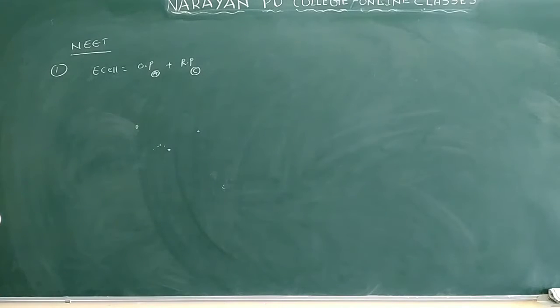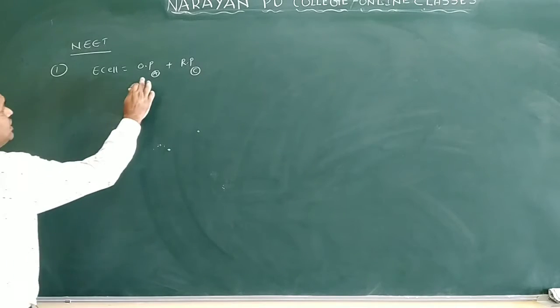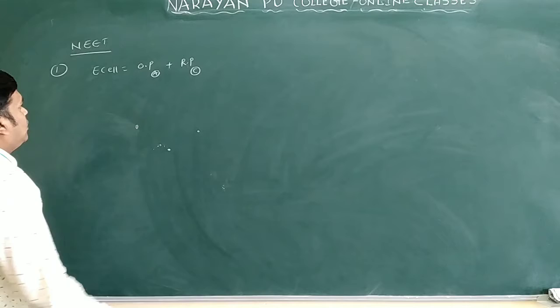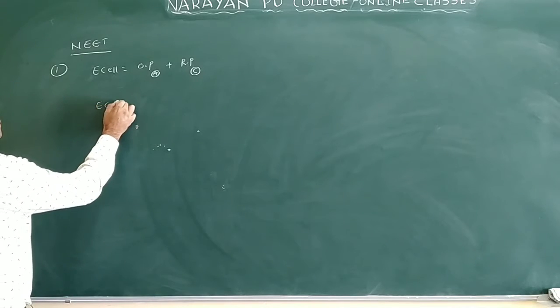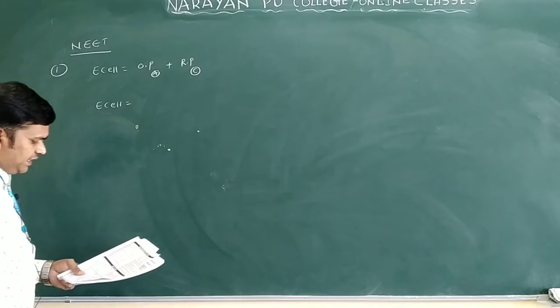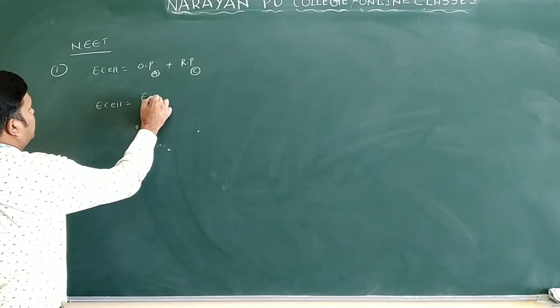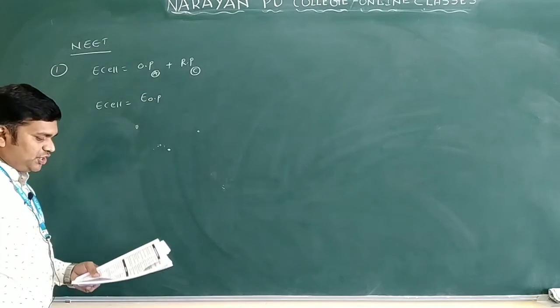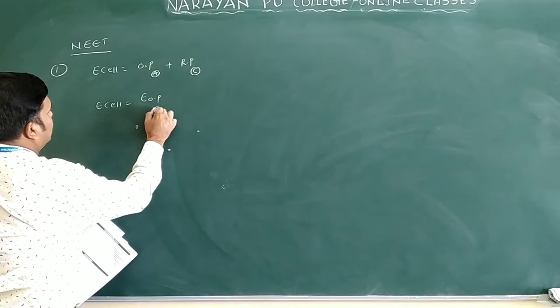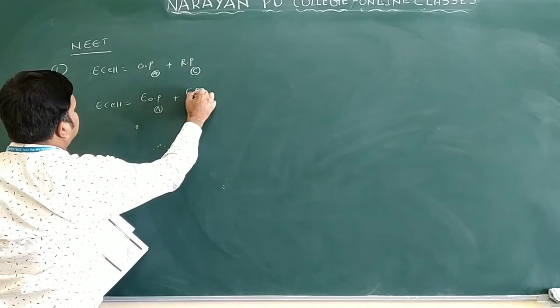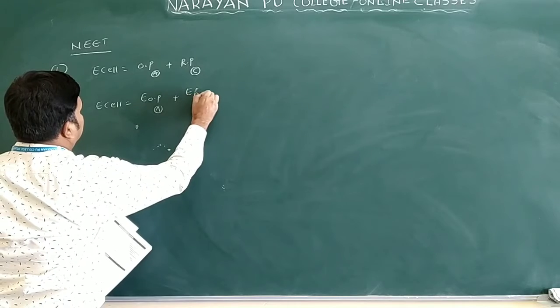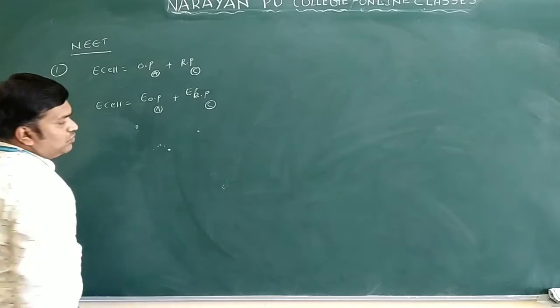This is the formula generally. We can write E cell is equal to E oxidation potential at anode plus E reduction potential at cathode.